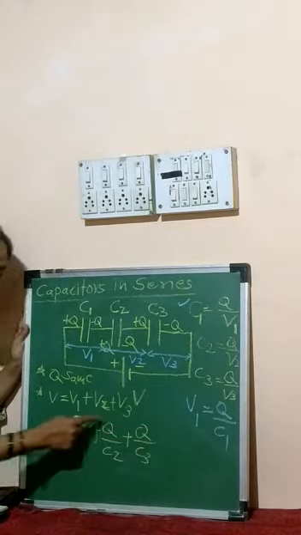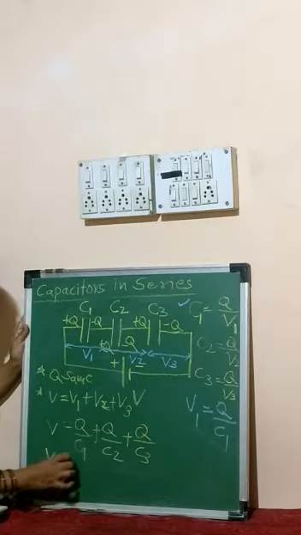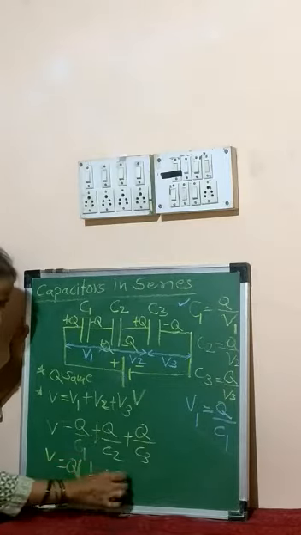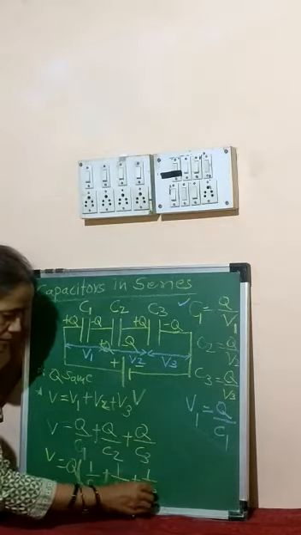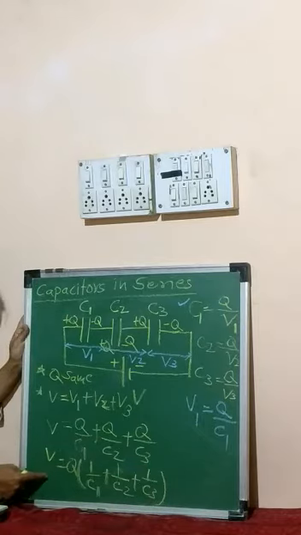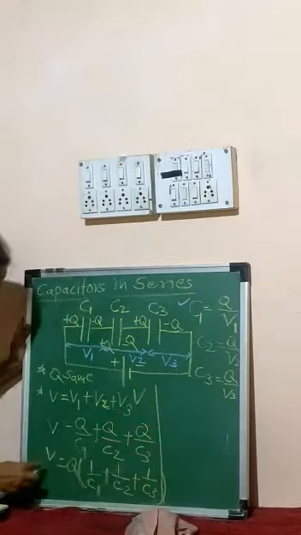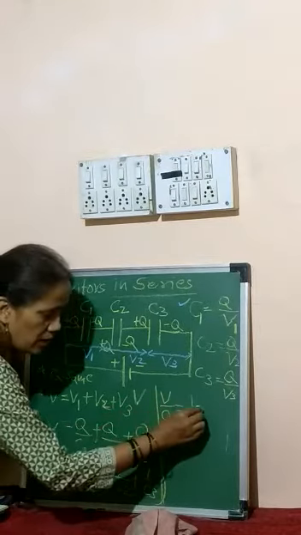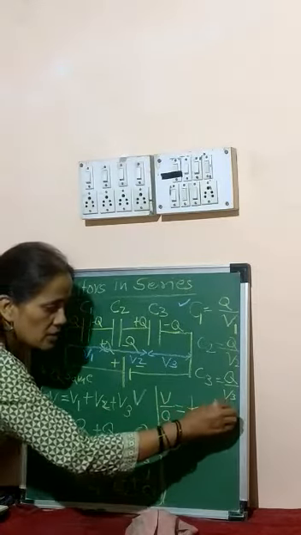In that, the Q factor is common. So I can say that V is equal to Q times, inside the bracket, 1 upon C1 plus 1 upon C2 plus 1 upon C3. Taking the Q factor for division, I get the next important formula: V upon Q can be written as 1 upon C1 plus 1 upon C2 plus 1 upon C3.